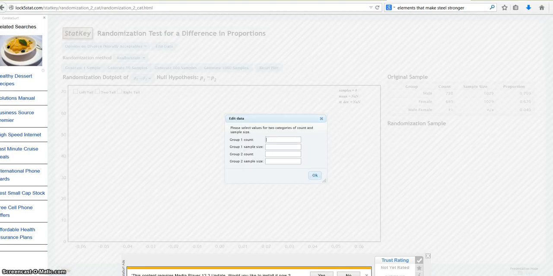So the group 1 count is, we had 173 out of 300 that wore helmets in the Northeast. And then in the Midwest, we had a count of 201 out of our sample size of 300 motorcyclists who wore helmets, so we can enter that.